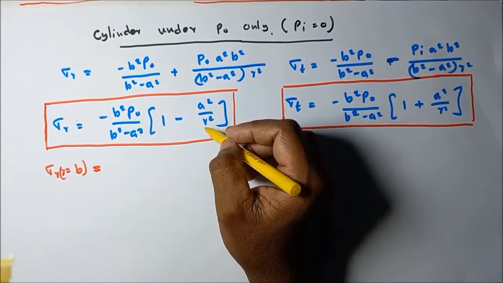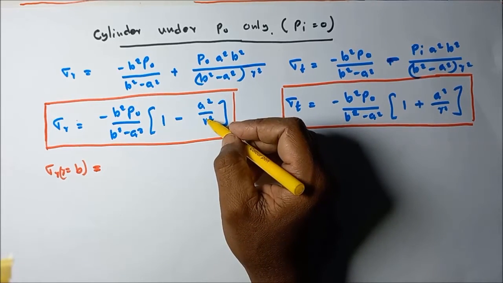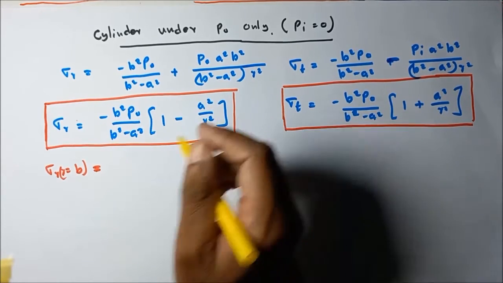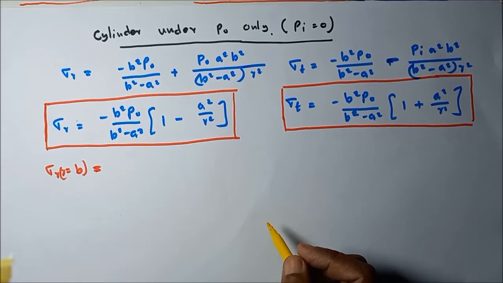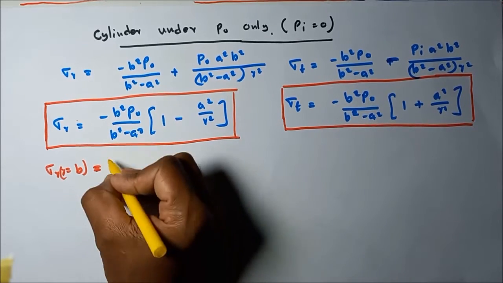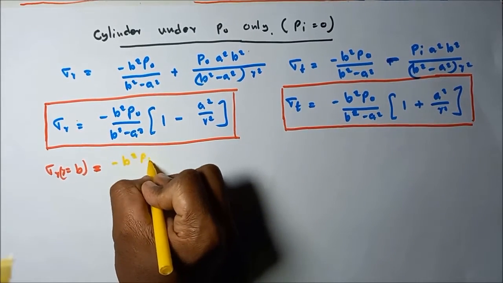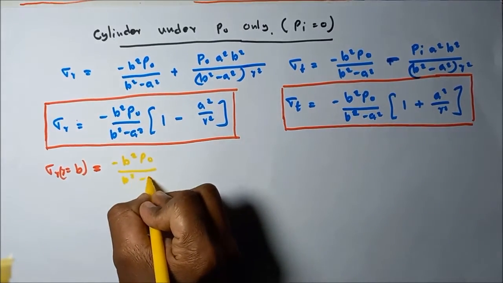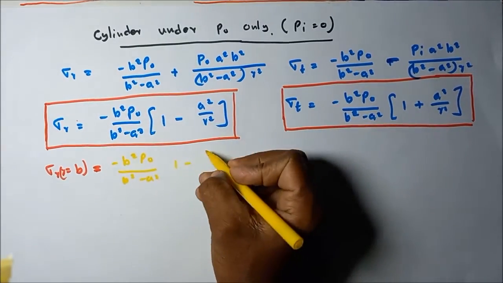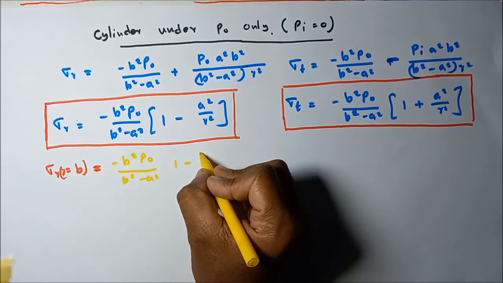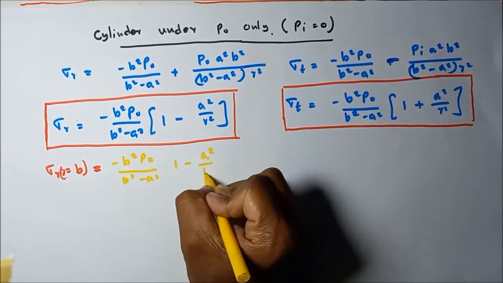So that value is minus b square PO divided by b square minus a square, into 1 minus a square divided by b square.